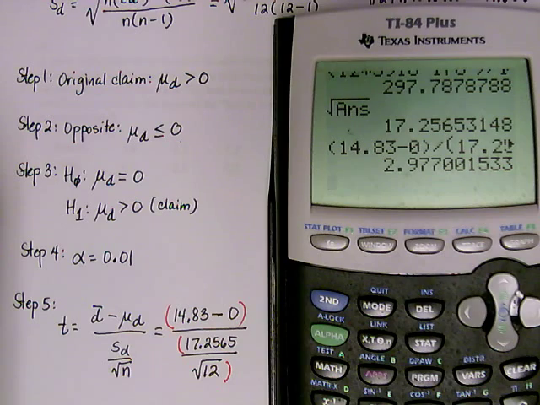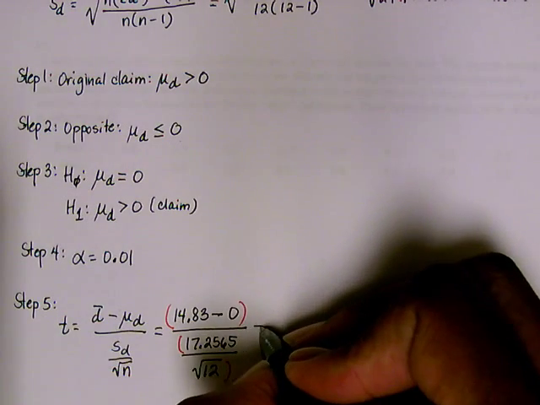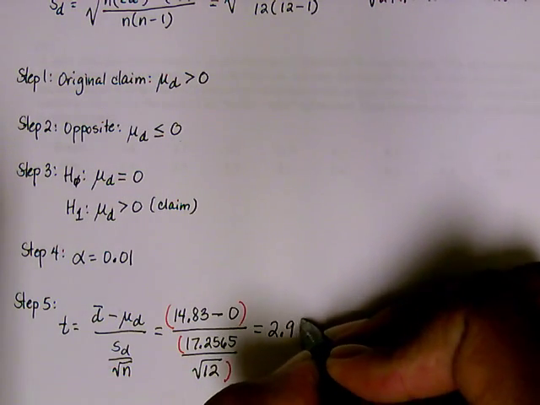To 2 decimal places, your t value will be 2.98. So the test statistic there will be 2.98.